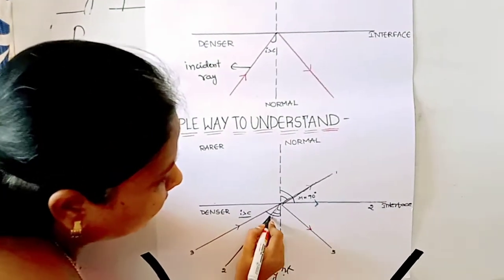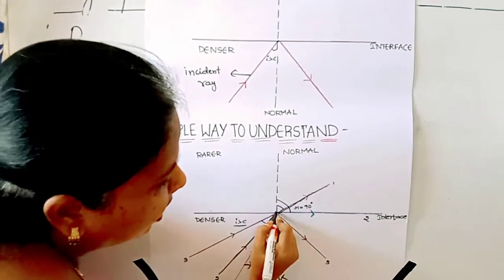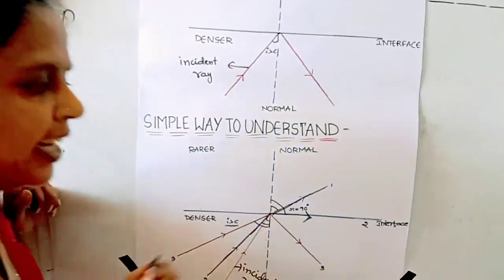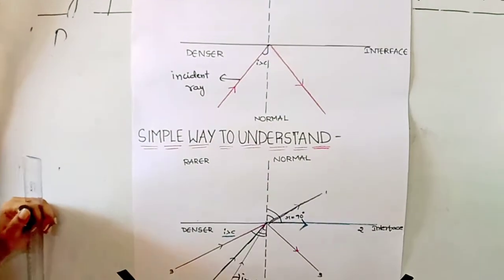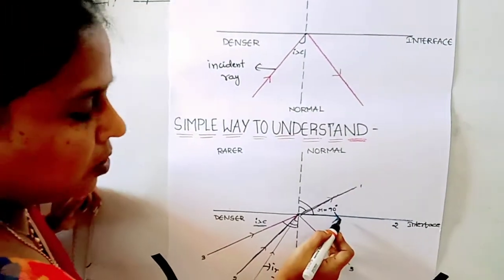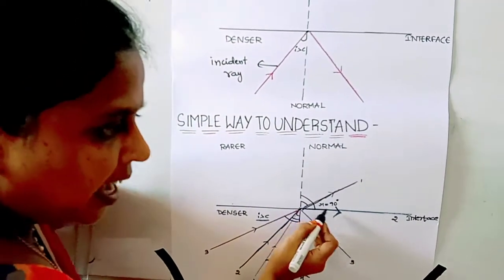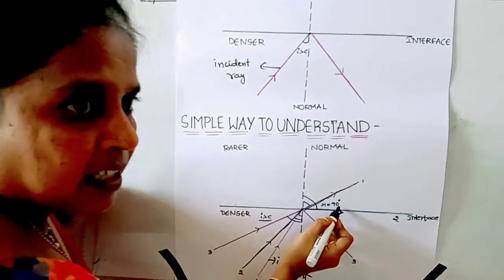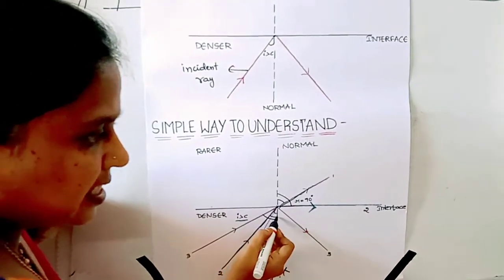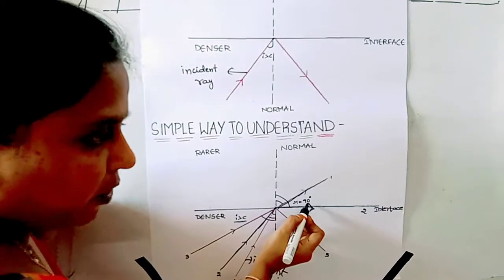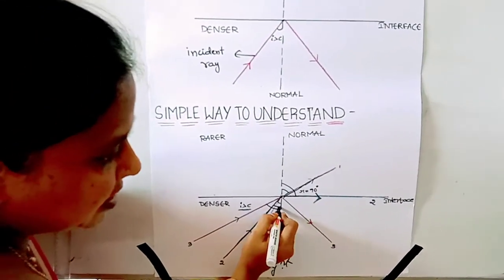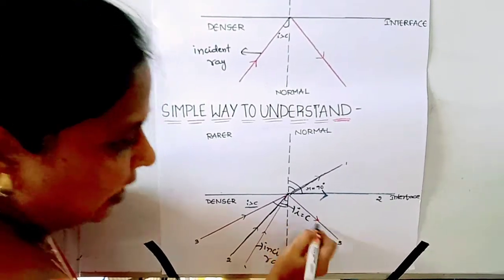But here the refracted ray coincides with the interface. So here the angle of refraction is 90 degrees. The angle of incidence for which the angle of refraction is 90 degrees is called the critical angle.